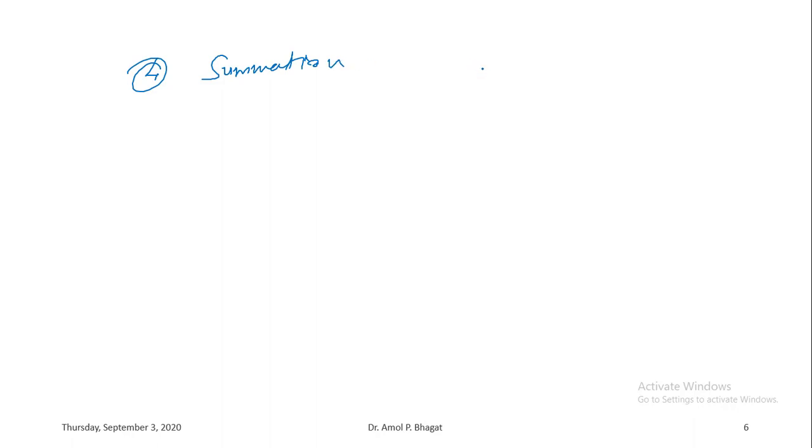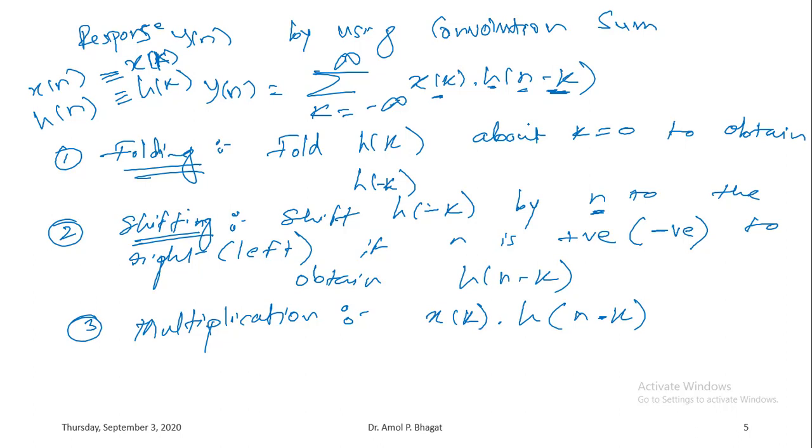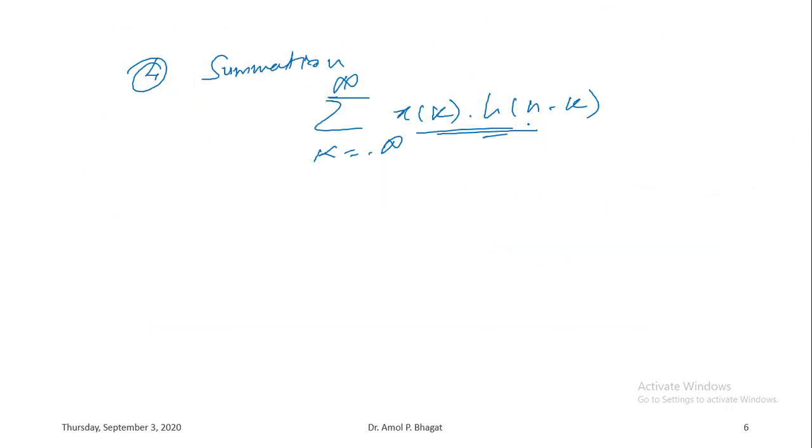You will be summing all these values of the product term, x of k into h of n minus k, over the limit k equals minus infinity to infinity. You are summing all the values which you have obtained at the product terms. This is how you perform the convolution summation, which involves folding, shifting, multiplication and summation operations.